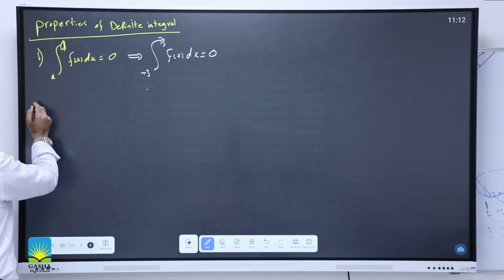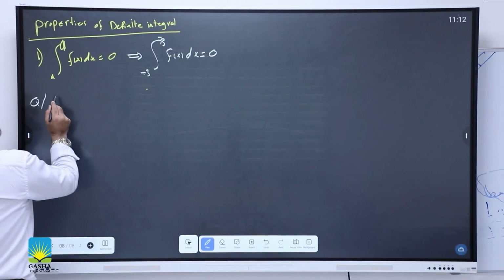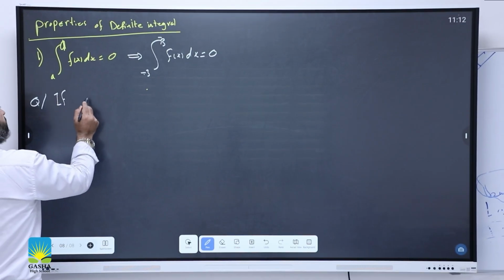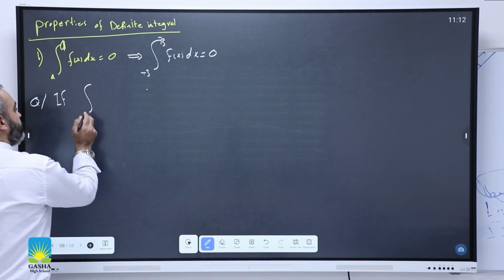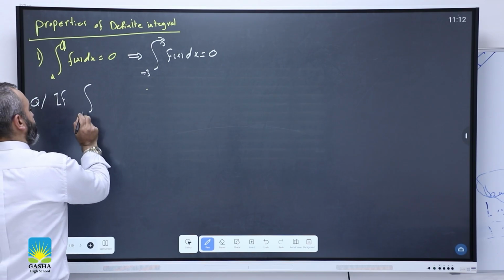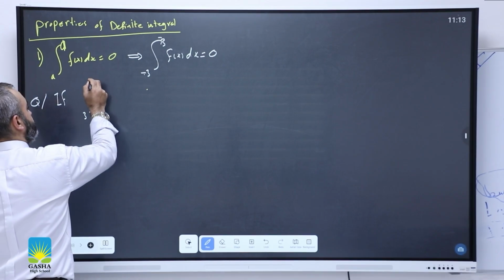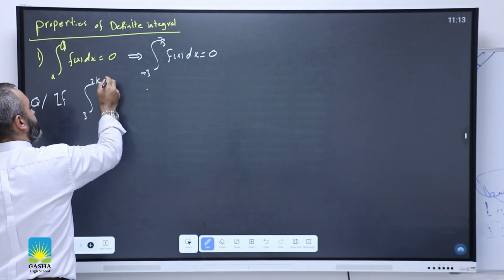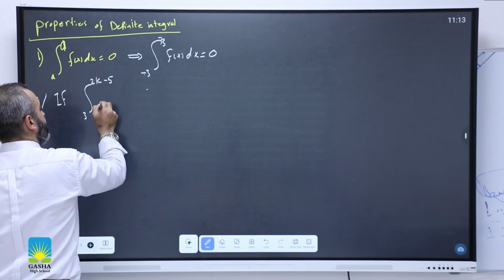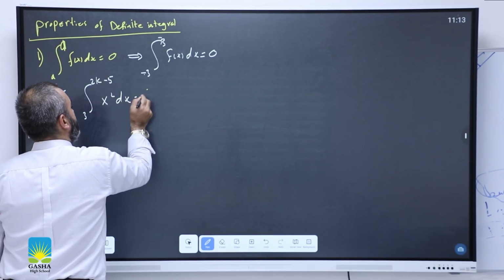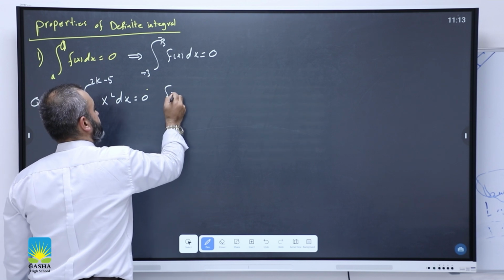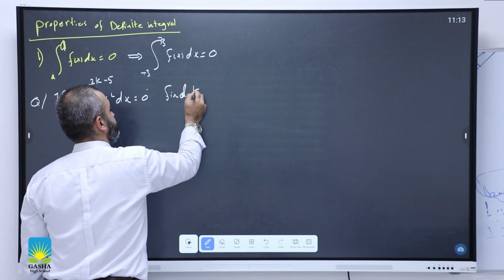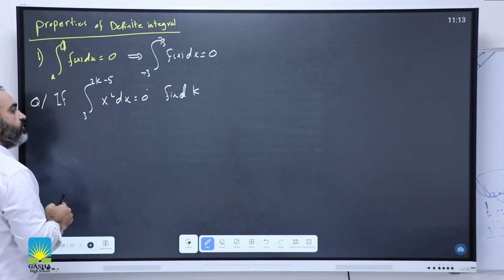So the question here: if the integral from 3 to 2k minus 5 of x squared dx equals 0, find k. How to find k here?